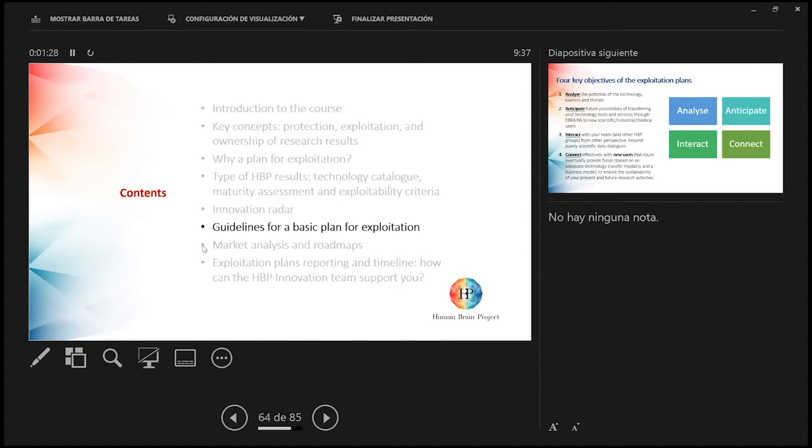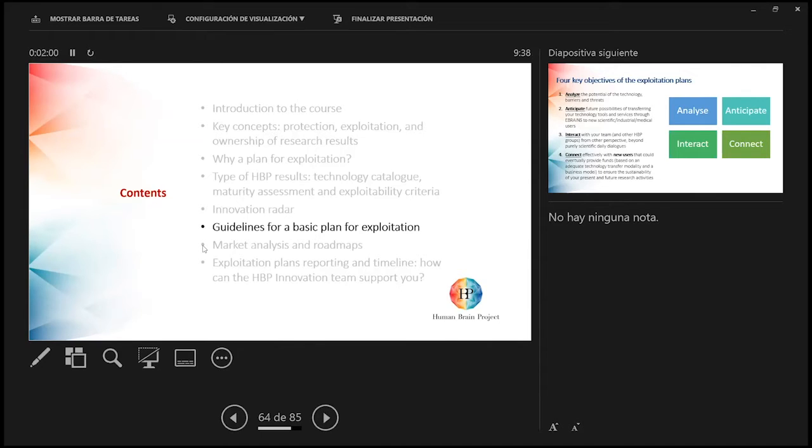We gave an overview of maturity level assessment, which was refreshing somehow what was delivered in the last course that we delivered one month ago, the tutorial course. So we refresh some of these things because they are really important for the exploitation plans.